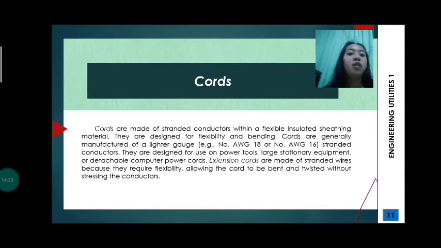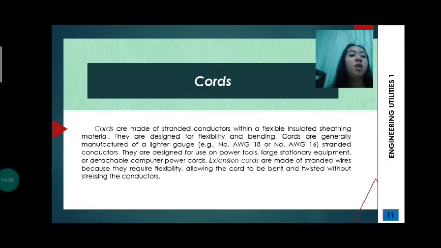Cords are generally manufactured of a lighter gauge, number AWG 18 or number AWG 16 stranded conductors. They are designed for use on power tools, large stationary equipments, or detachable computer power cords.